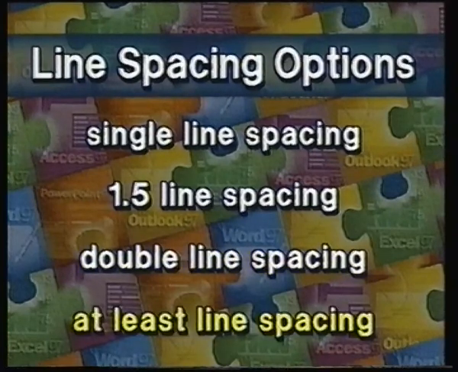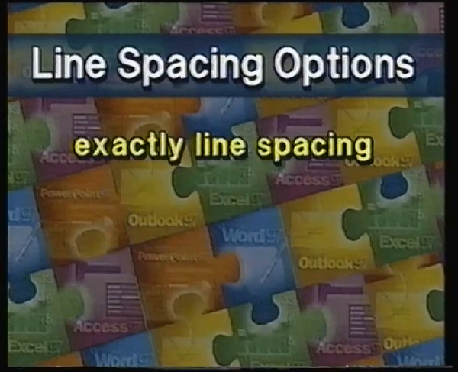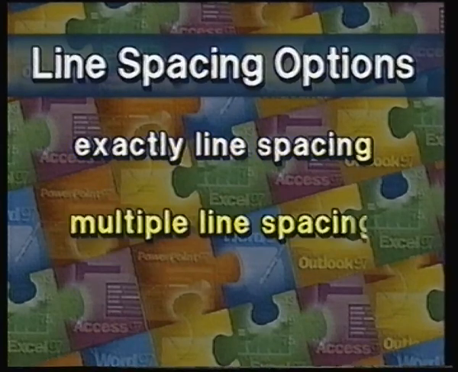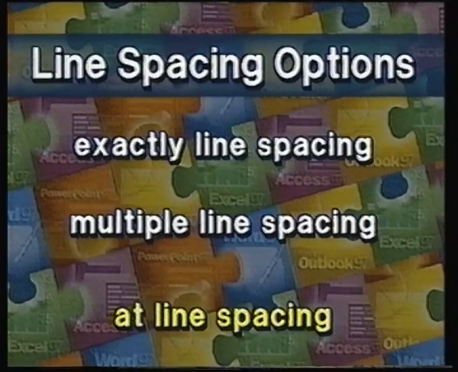At least line spacing is the minimum line spacing that can accommodate larger font sizes or graphics that would not otherwise fit within the specified spacing. Exactly line spacing makes all lines evenly spaced. Multiple line spacing is increased or decreased by a percentage that is specified. And at line spacing is the amount of line spacing that is selected.